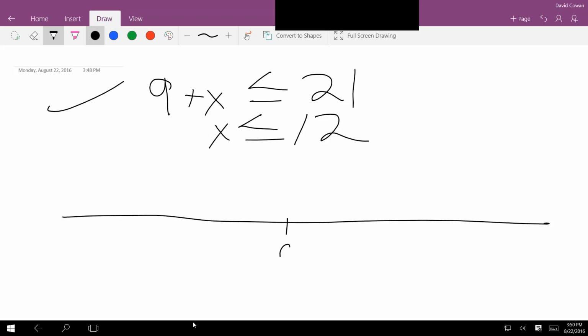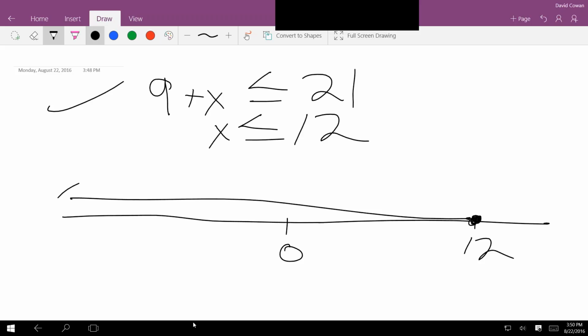I'll put the 0 mark on there, and the other significant number is 12. How do I graph x is less than or equal to 12? So put a solid dot over the 12 and a line going to the left.